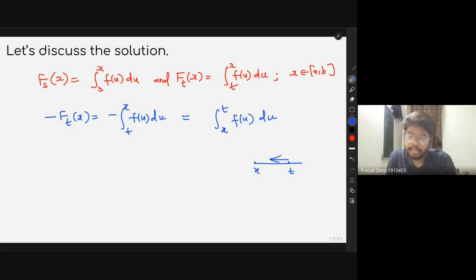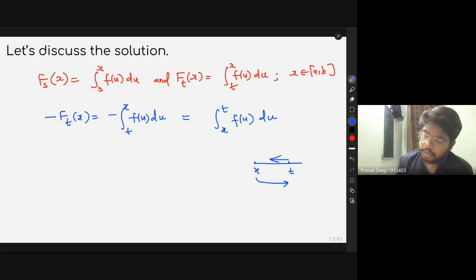If you take the minus sign of it, that means you are now going from x to t. That's what happens. And now how do we see this property in particular?